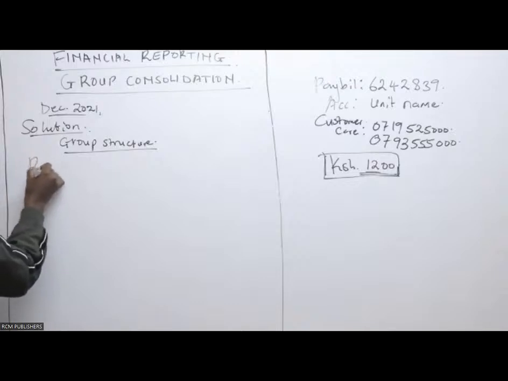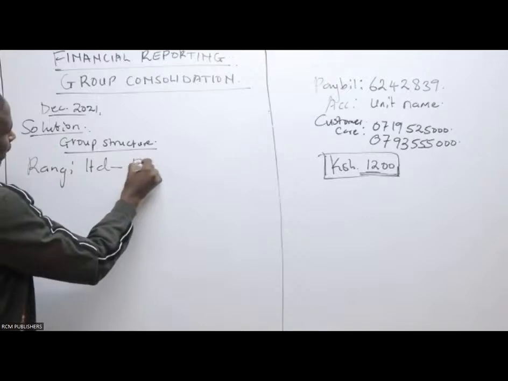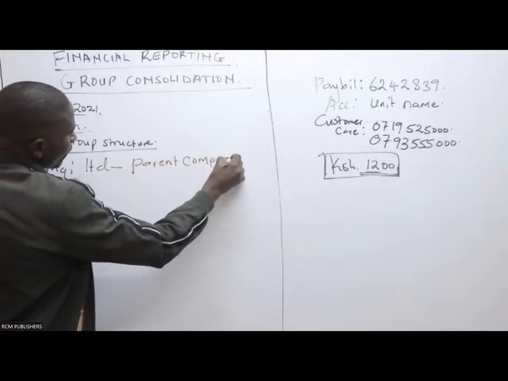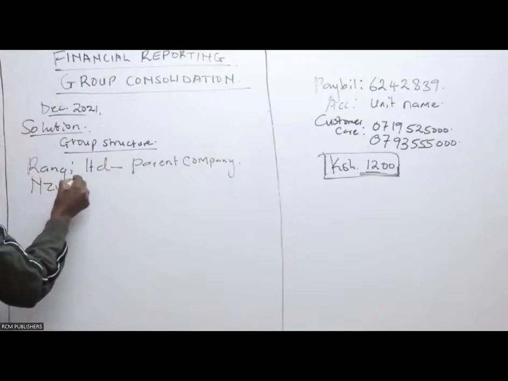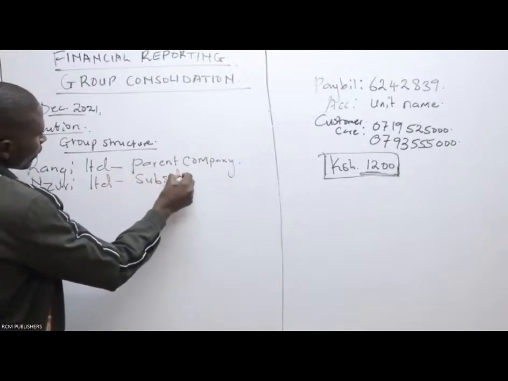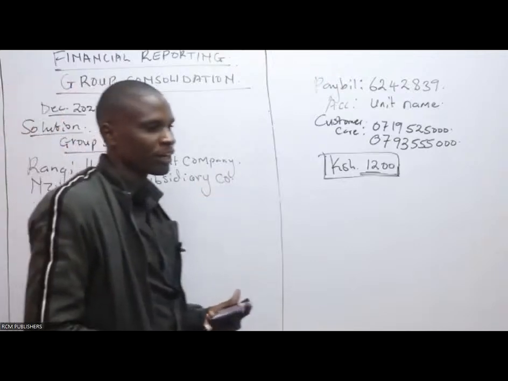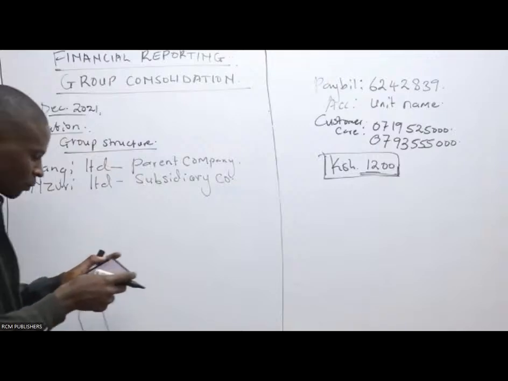So Langi Limited qualifies to be the parent company. On the other hand, Zuri Limited qualifies to be the subsidiary company. That is very, very important information for you to note.